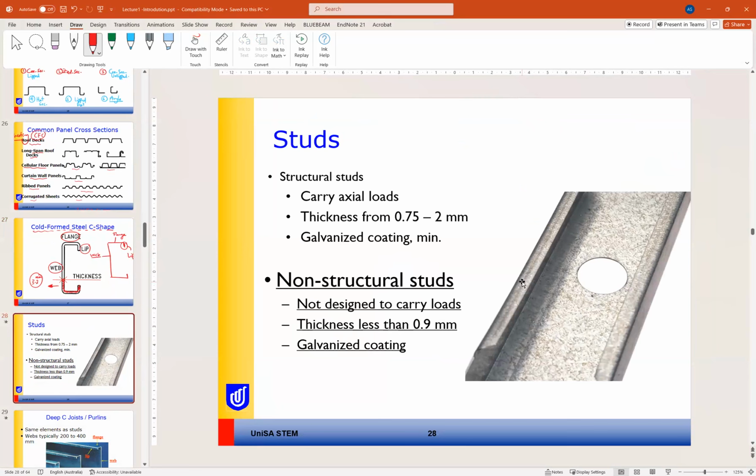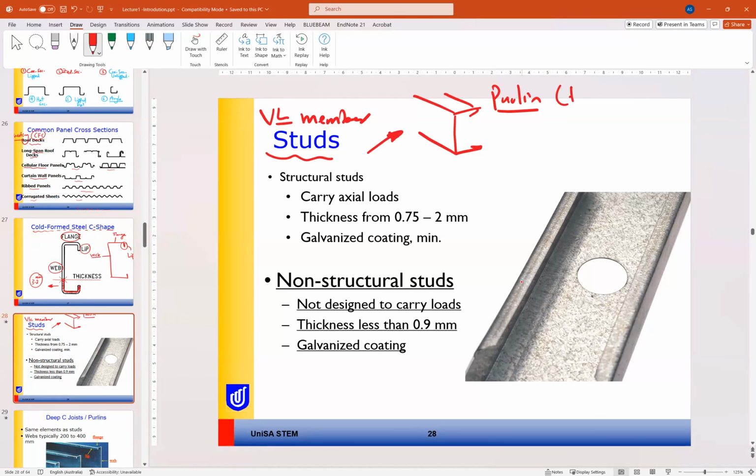So the purlin can be from C section as we mentioned earlier. Also the stud will be using the same shape. The difference is stud is a vertical member and purlin is a horizontal member.